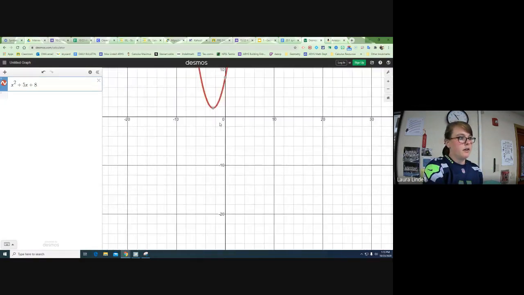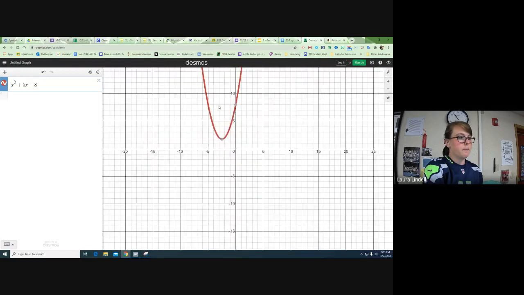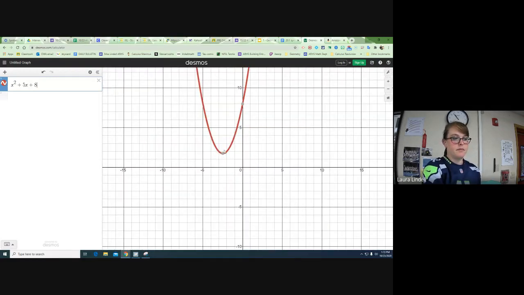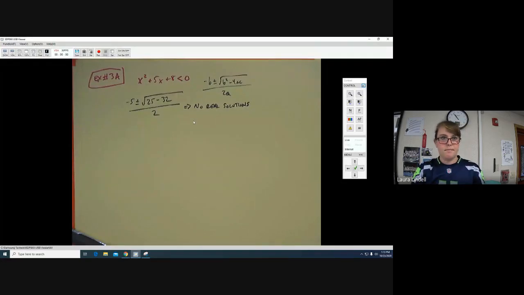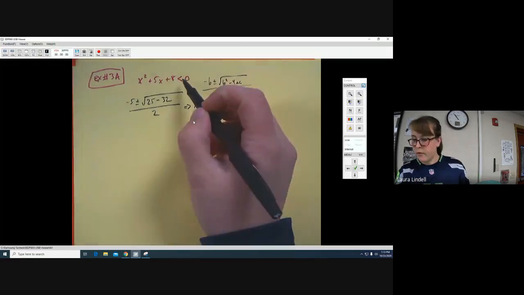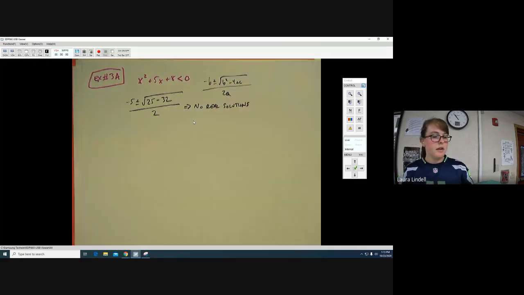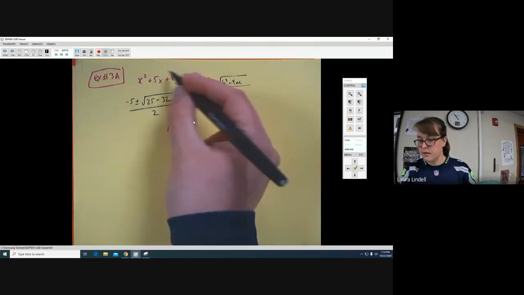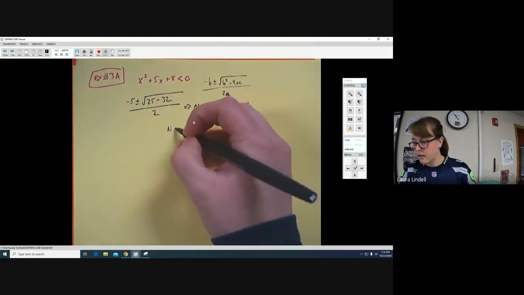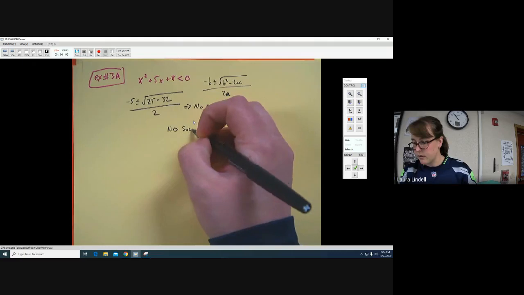And notice that all of the values for this function are positive. So since we're looking for this to be less than 0, but the function is always greater than 0, then yes, there is no solution to this particular inequality. This one has no solution.